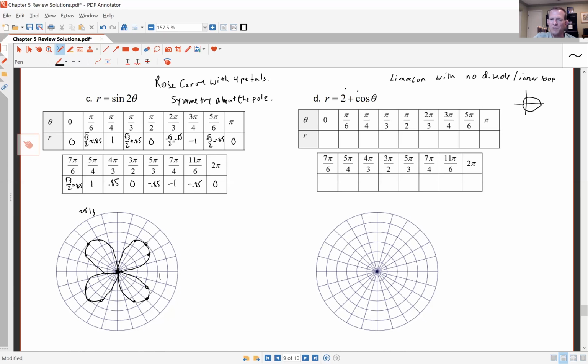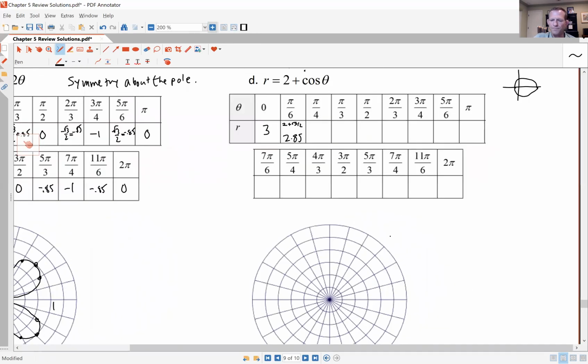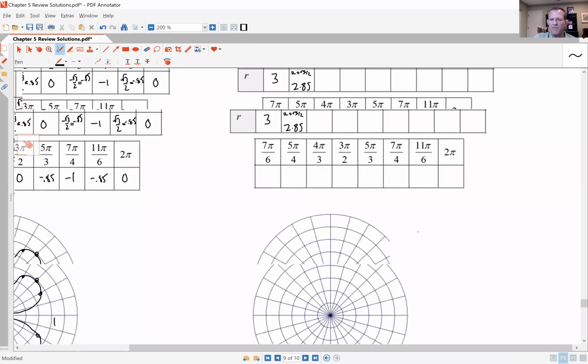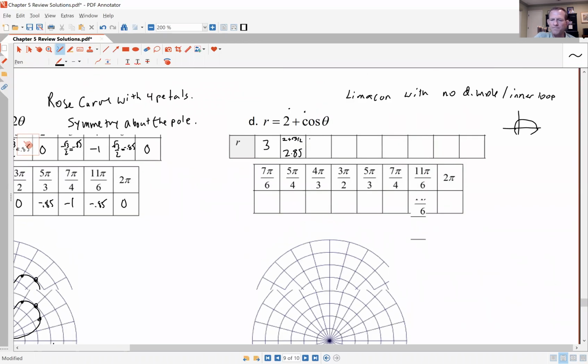All right, so cosine of 0 is 1 plus 2 makes 3. Cosine of pi over 6 or cosine of 30 is root 3 over 2. So we have 2 plus root 3 over 2, which is around 2.85. You have to remember that root 3 over 2 is around 0.85. Cosine of pi over 4 is root 2 over 2, which is around 0.7.